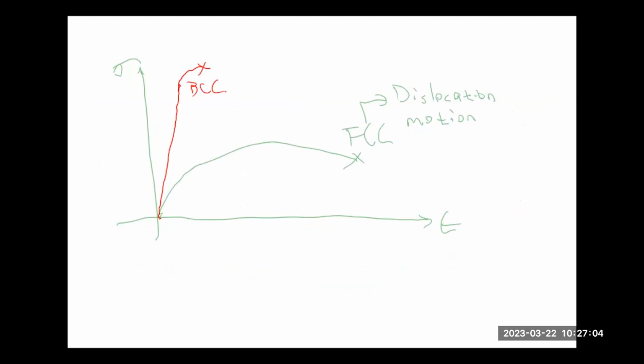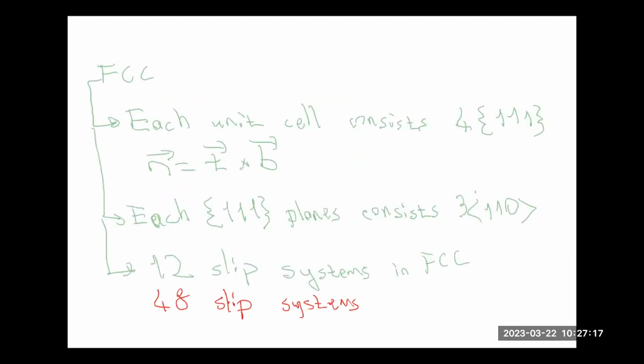How can it be possible? We have 12 in FCC, and for hexagonal close-packed, we have 36 slip systems.